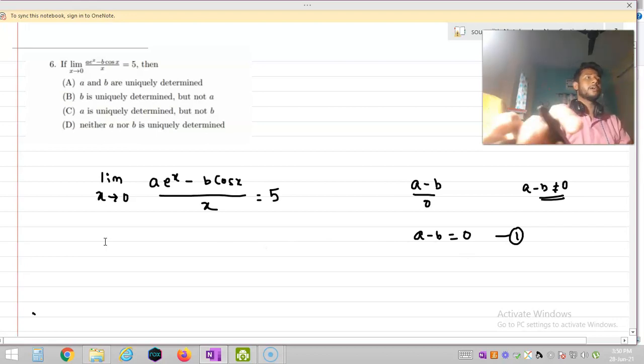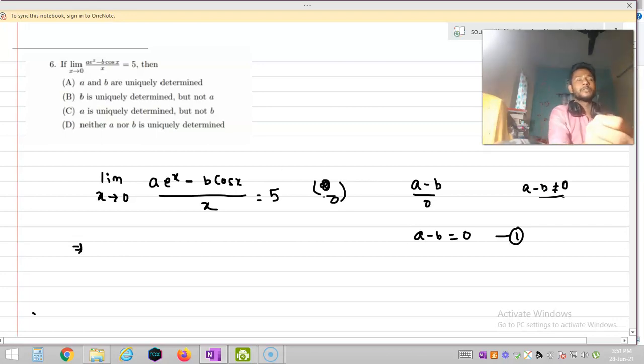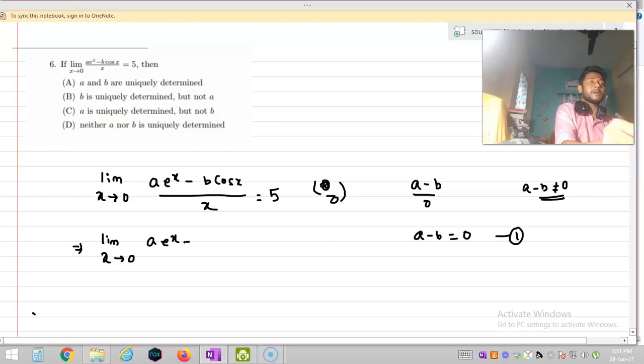Now let us find the limit. If a minus b equals 0, this is the 0 by 0 form, so I can use L'Hospital rule. I am differentiating the numerator and denominator with respect to x. I will get (a e to the power x plus b sine x) by 1 is equal to 5.